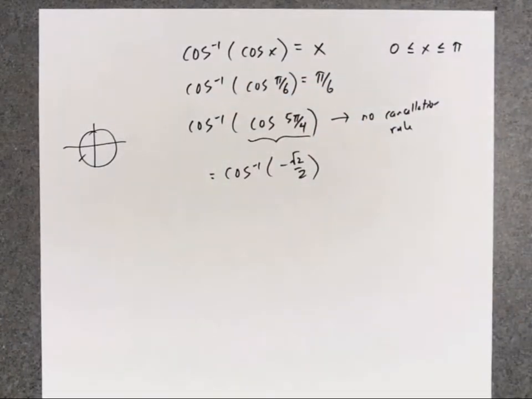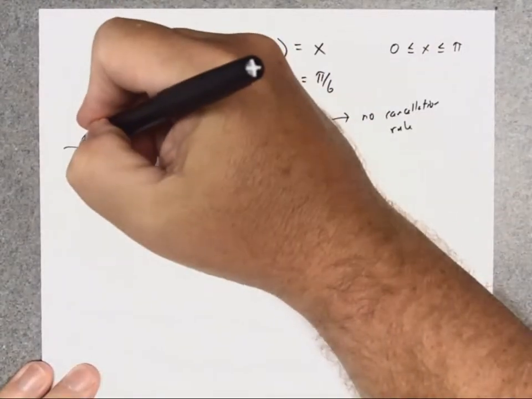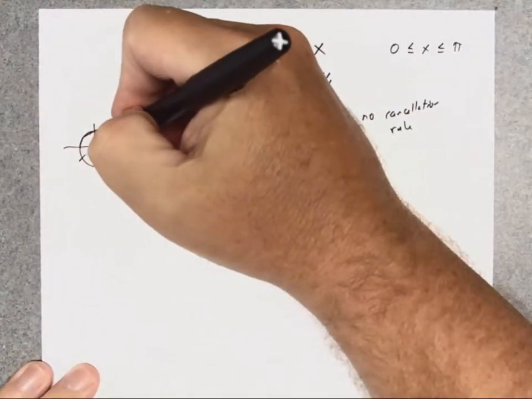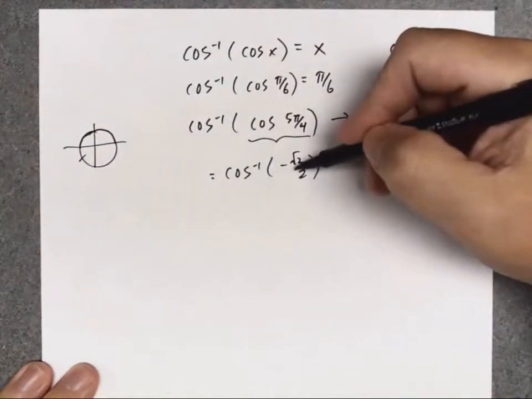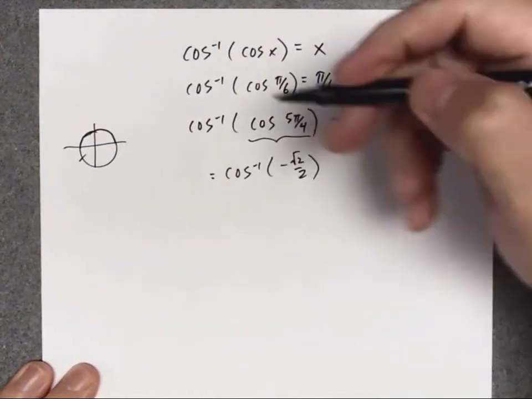Now we ask ourselves, okay, what's the inverse cosine of negative square root of 2 over 2? Now we have to keep in mind, since we're doing an inverse cosine function of our restriction, this angle is going to have to be between 0 and pi. So I go up here, if I'm looking just in the top half, for what angle is the cosine going to be negative square root of 2 over 2?